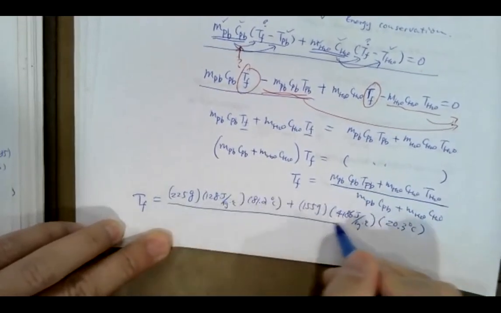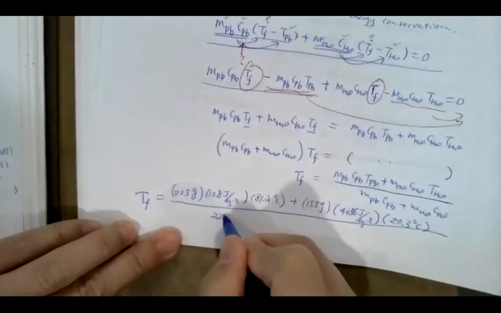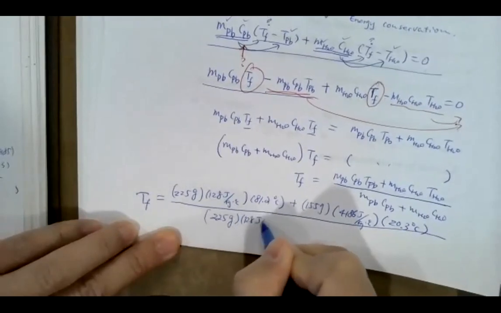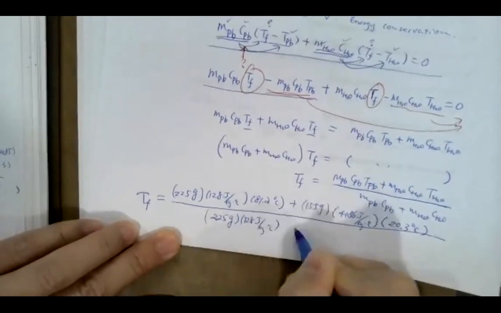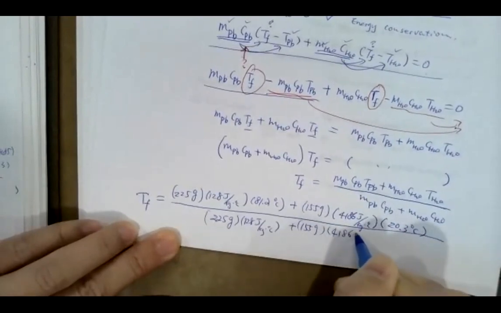That's what you have on the top. Divided by what you have at the bottom, which should be 225 times 128 plus 155 times 4186.